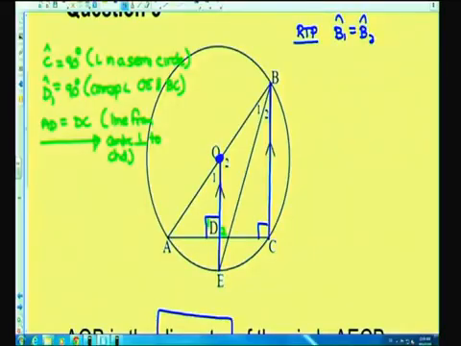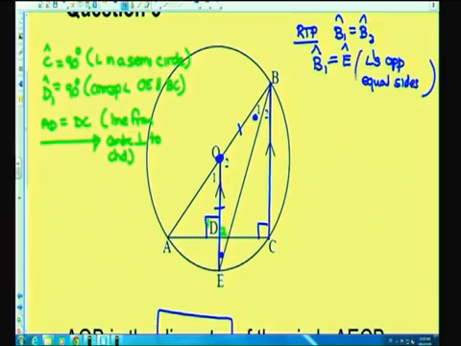If we look at B1, what stands out is that this is the center, which means that length equals that length. And if that is so, then we have an isosceles triangle, so those angles would be equal. So I could say B1 is equal to E, and the reason for that would be angles opposite equal sides.